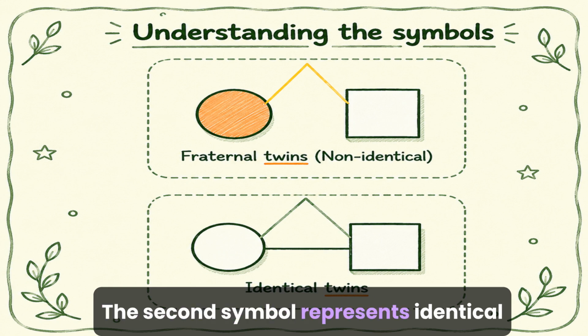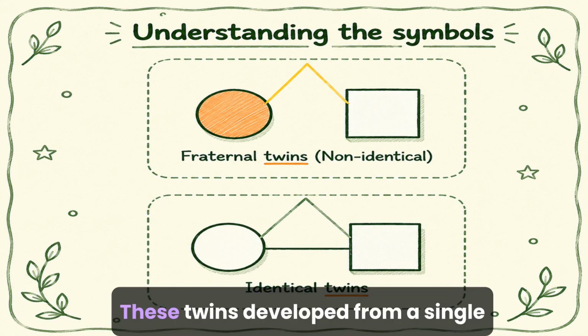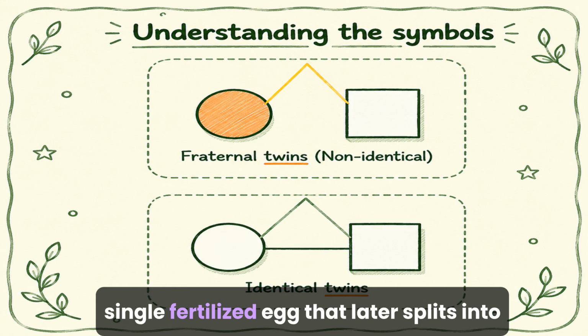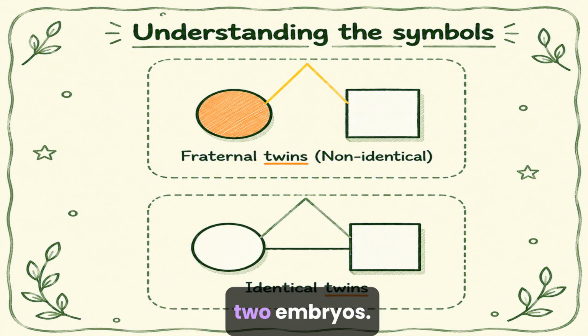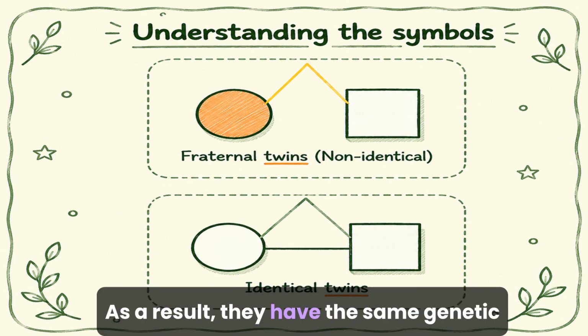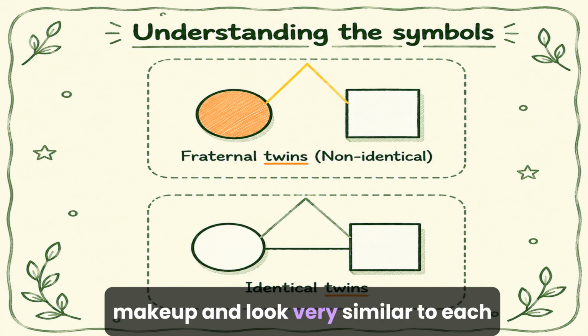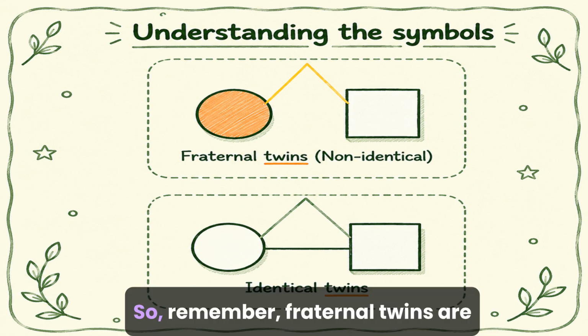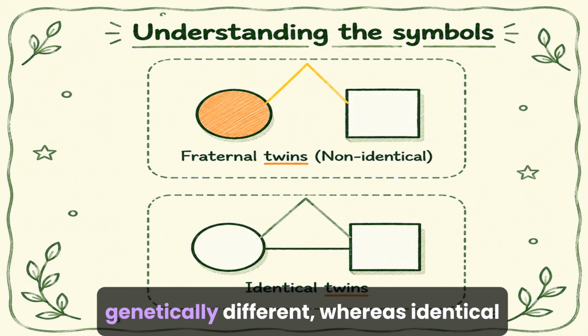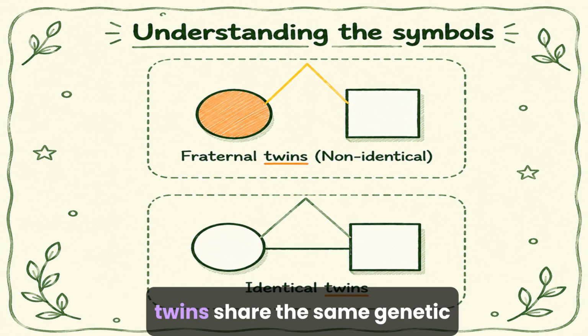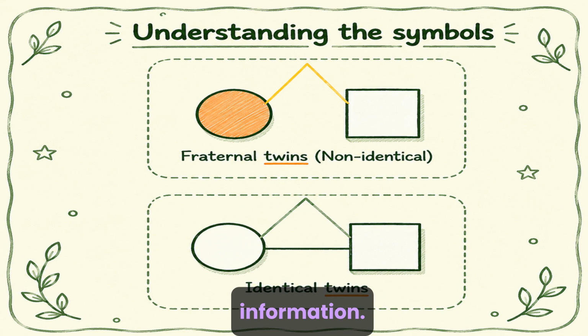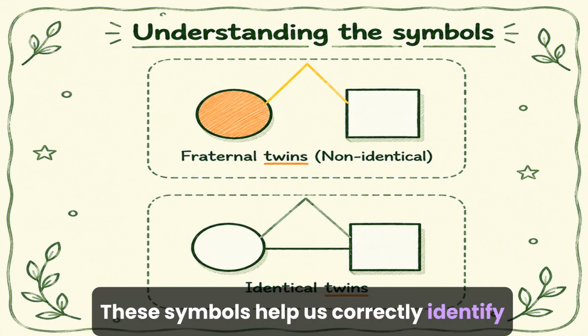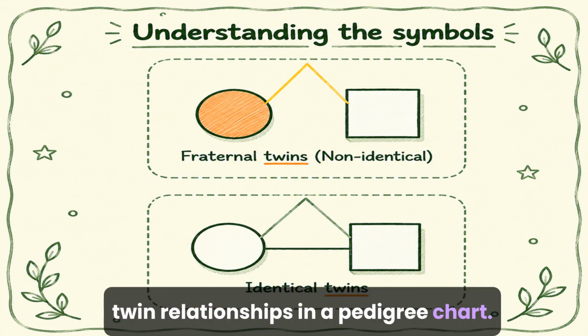The second symbol represents identical twins. These twins develop from a single fertilized egg that later splits into two embryos. As a result, they have the same genetic makeup and look very similar to each other. So remember, fraternal twins are genetically different, whereas identical twins share the same genetic information. These symbols help us correctly identify twin relationships in a pedigree chart.